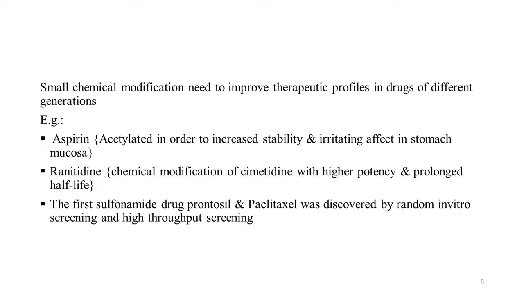By virtual screening, the first sulfonamide was discovered, Prontosil, and later the very exciting drug paclitaxel from Taxol was discovered by high throughput screening, where high throughput screening is used to analyze hundreds of molecules at a time. So it is easy to identify the activity of 100 molecules at one time, right? So the drug is paclitaxel. Next please.